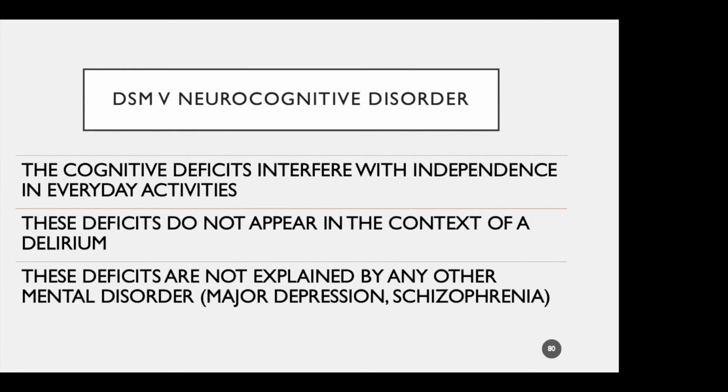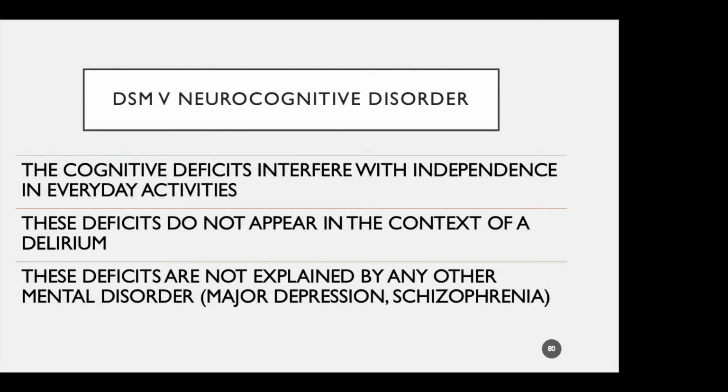Obviously, these deficits don't have to be due to a delirium, and they're not explained by any other kind of mental disorder. Remember, the 4 M's of age-friendly health systems is mentation. So you're ruling out, is this delirium, is it depression, is it dementia? And what I'm talking about now is dementia.